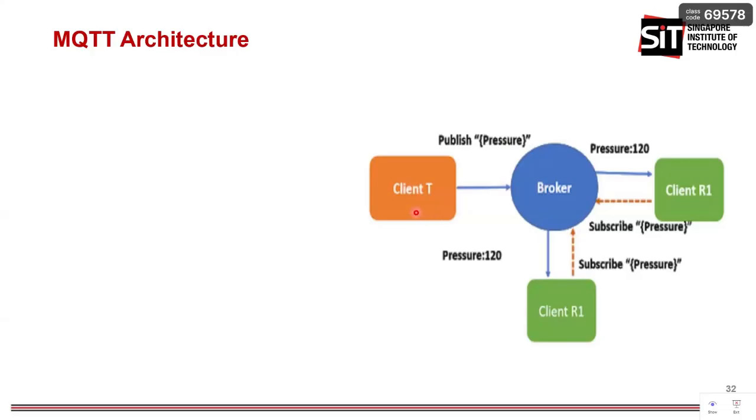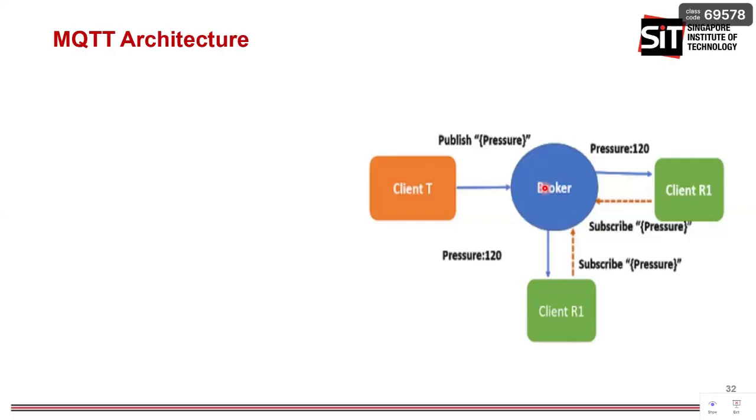So I repeat again, client T is the one with the sensor. It has the data to share with everyone. So it starts off by talking to the broker, letting the broker know that there's a topic called pressure, and then subsequently, it will send 120 to the broker. Okay, this is only the step of how sensor data goes to the broker.